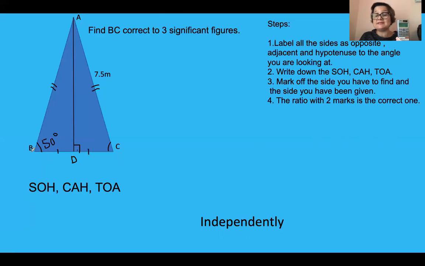Sometimes we all make that mistake: we find BD, for example, and think, oh, that's the answer, and we forget to look at what the question wants. And don't forget 3 significant figures. Look at all the digits and write down the exact right answer.